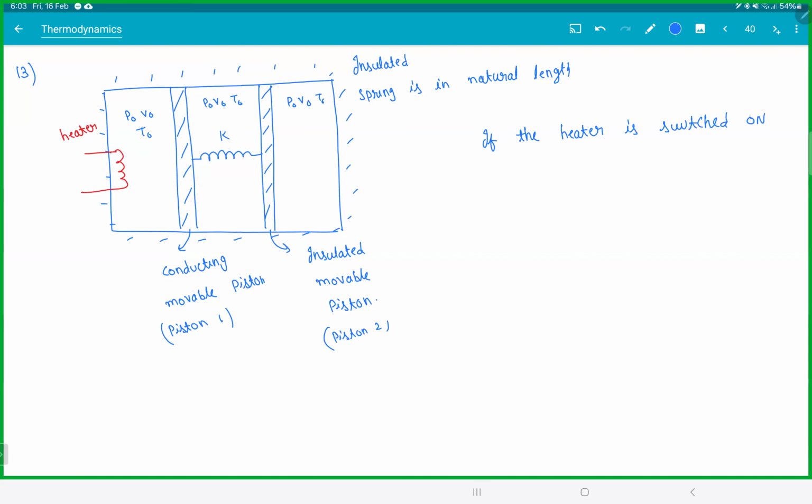If the heater is switched on for some time, let's say the area of cross section is A. The volume in compartment 3 becomes half.